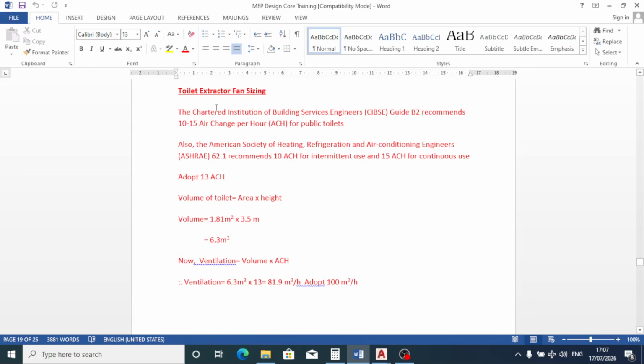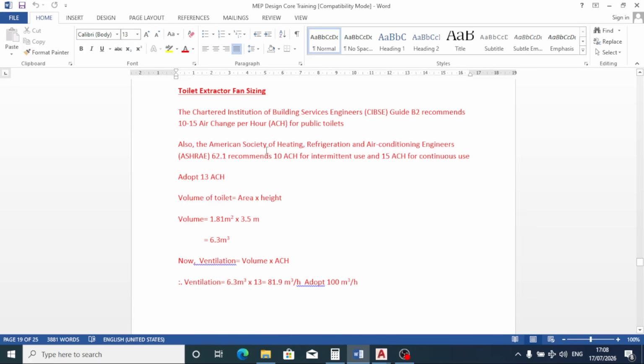Now for the toilet extractor fan sizing, according to the Chartered Institution of Building Services Engineers CIBSE Guide B2, it recommends that there should be 10 to 15 air changes per hour, meaning 10 to 15 batches of air should be changed per hour for public toilets.